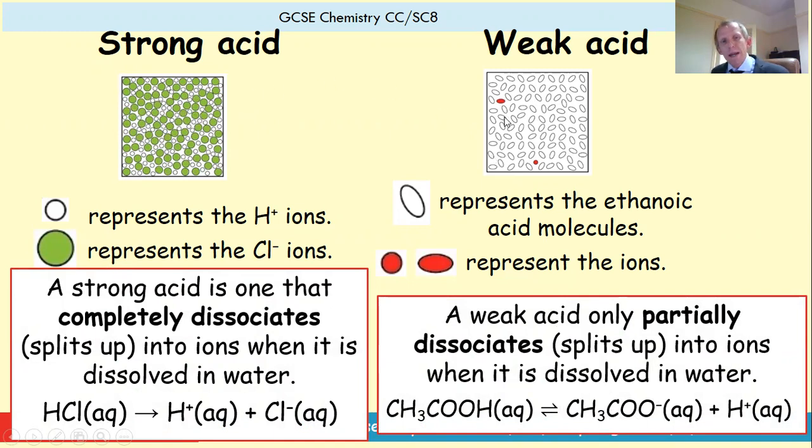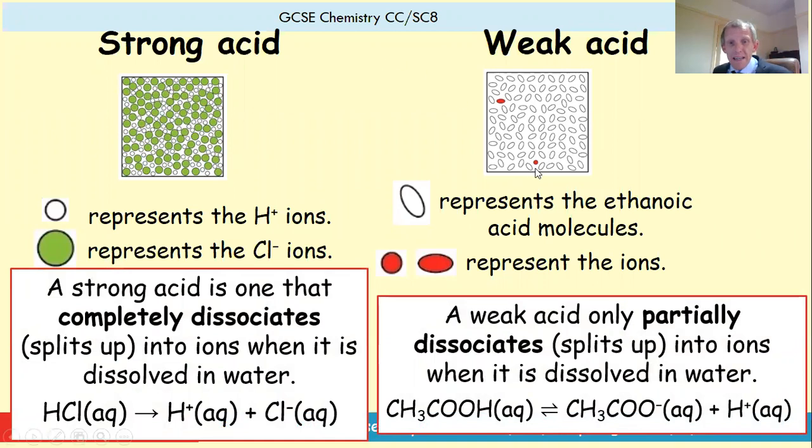Now, if we go over to the weak acid, each of these clear oval shapes represents an entire ethanoic acid molecule. So we can see we've got loads of ethanoic acid here. This could be quite a concentrated solution of ethanoic acid, but because it is a weak acid, only one of the molecules in this bundle has actually dissociated and become a hydrogen ion and a negatively charged ethanoic acid ion.